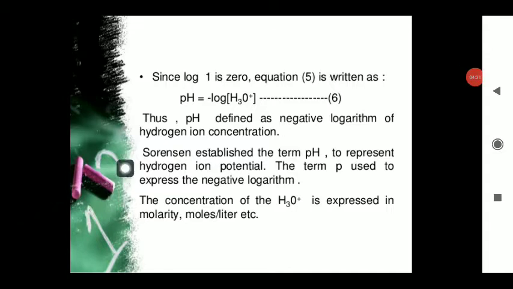Since log 1 is taken as 0 in equation five, we can write pH is equal to minus log H3O positive ion concentration. The pH is defined as the negative logarithm of the hydronium ion concentration. So Sorensen established the term pH to represent the hydronium ion potential, which is used to express the hydronium ion concentration of any acid.